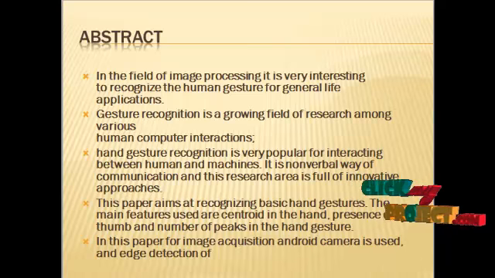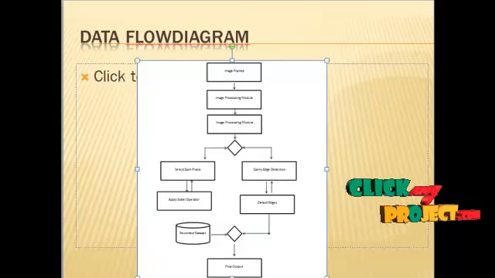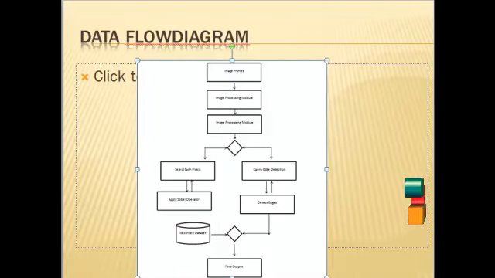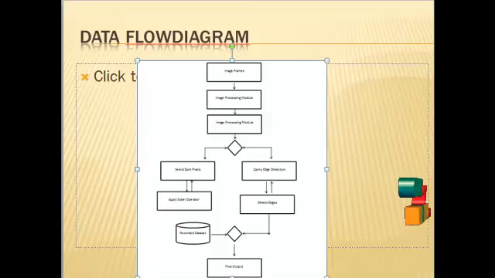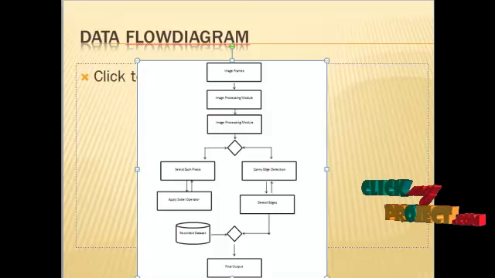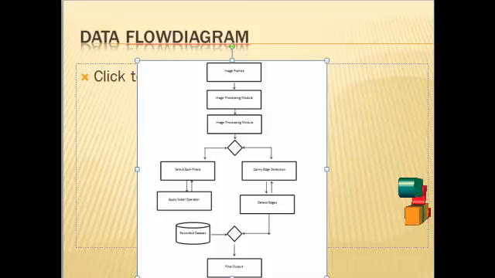Let's see the data flow diagram of our project. This is our flow diagram. In this flow diagram, our image frames are given as input to the image processing module. The real-time images captured by the Android camera are separated into image frames, and all the image frames are given as input to the image processing module.